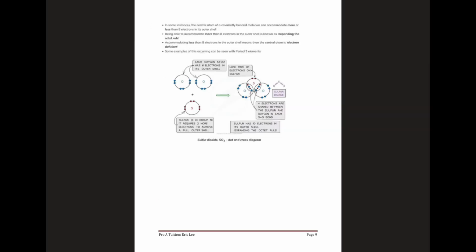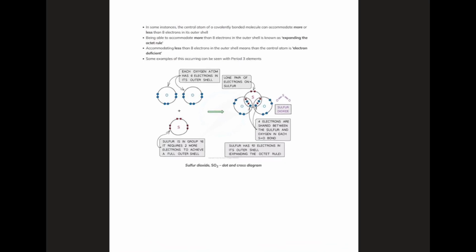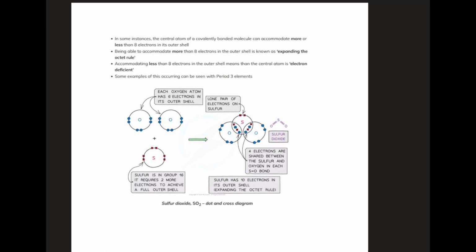Okay, now let's see. In some instances, the central atom of a covalently bonded molecule can accommodate more or less than 8 electrons in its outer shell. So this is the example. You can see sulfur.